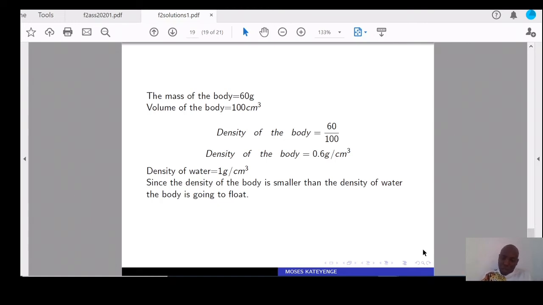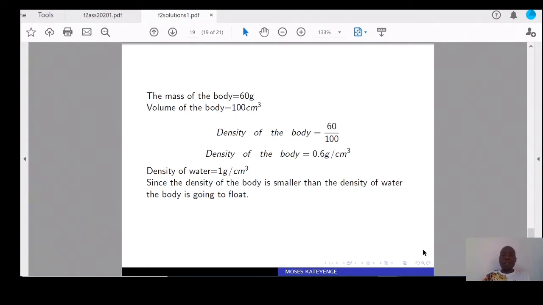Now, the condition for a body to float on a liquid is that the density of this body must be smaller than the density of the liquid. So if I find the density of this body, I'm going to compare it with the density of water. If the density of this body is bigger than the density of water, then this body is going to sink. But if its density is smaller than the density of water, then it is going to float.